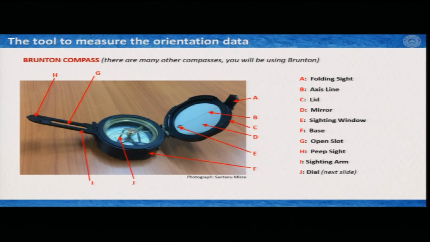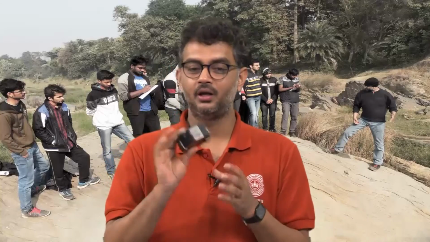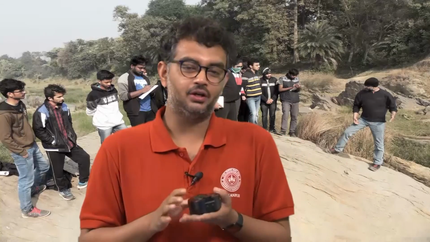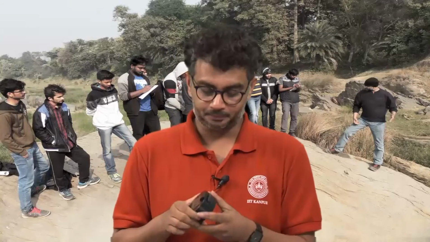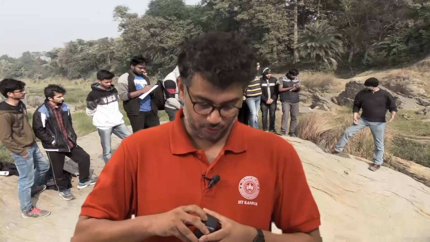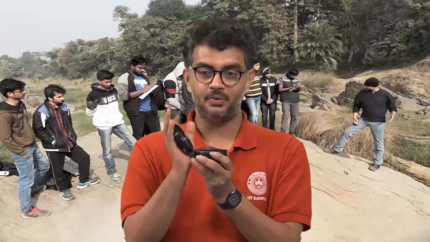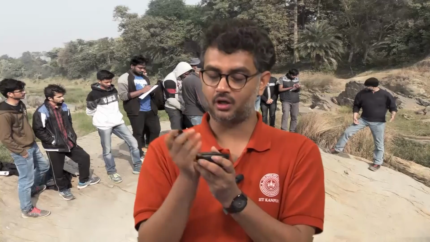So, you have the image here, and a Brunton compass, when it is packed or kept in its original shape, looks like this. It weighs about 50 to 100 grams or something like that, and you can open this compass. Once you open it, you open this lid. So, this part is the lid of the compass.